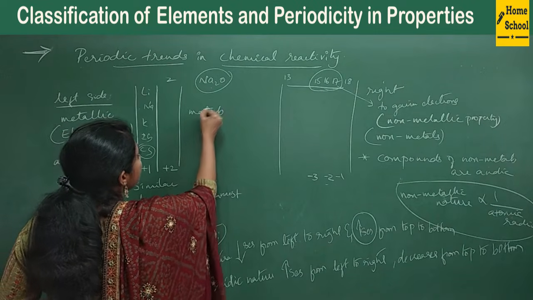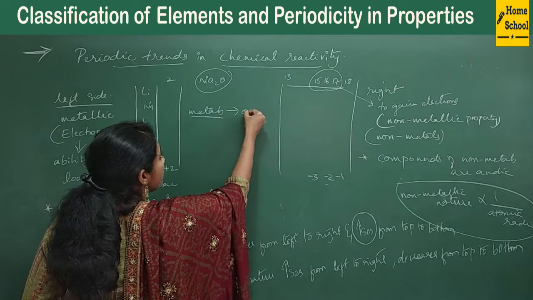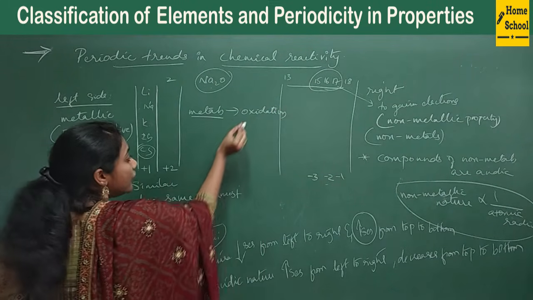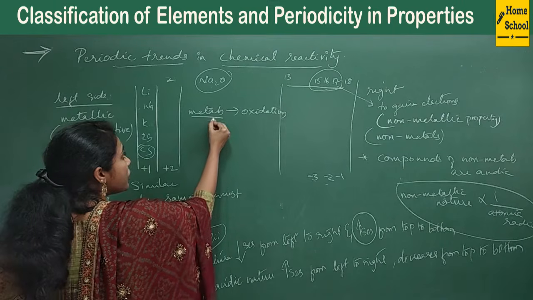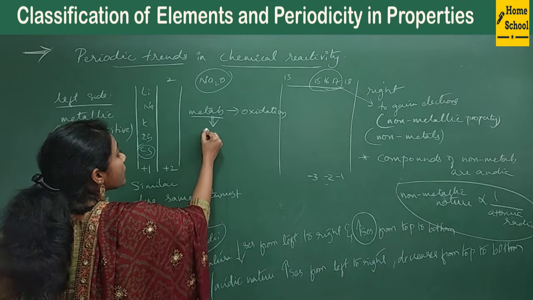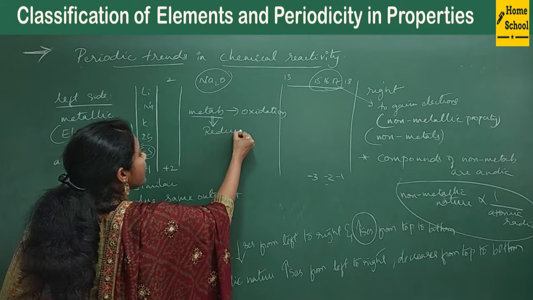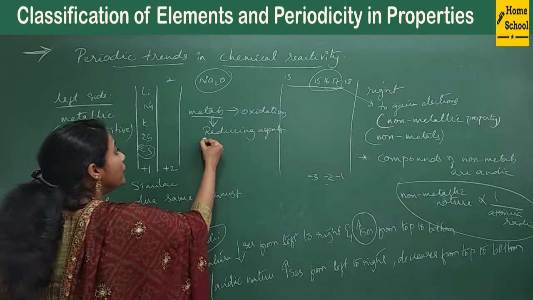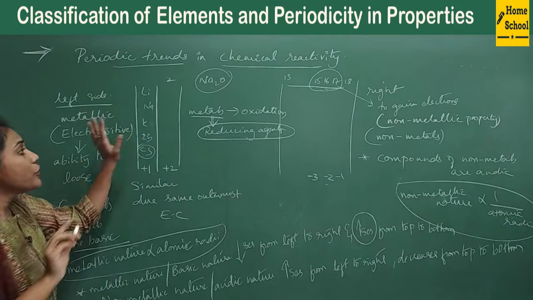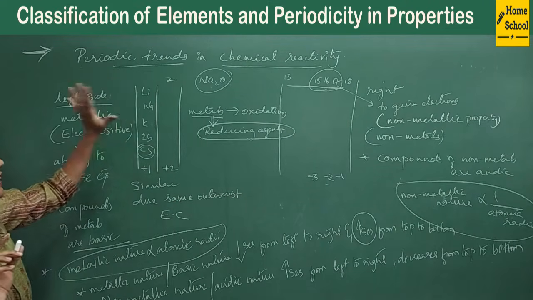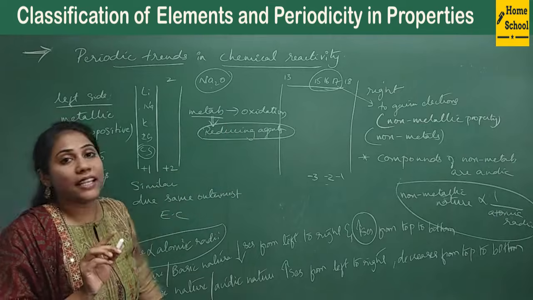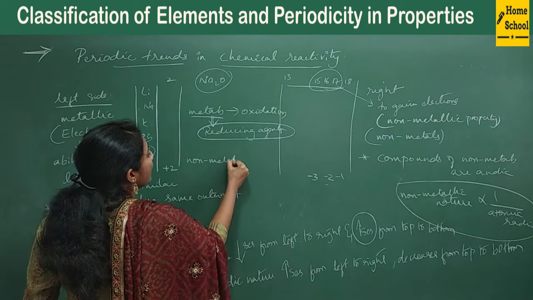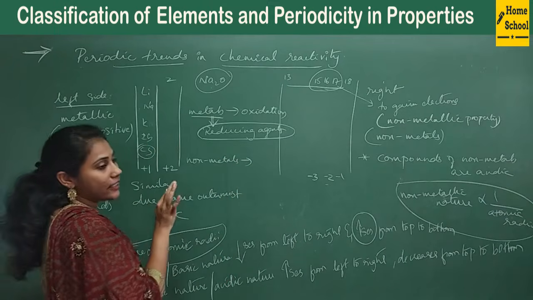And not only that, metals lose electrons. Losing electrons is called oxidation, right? So metals undergo oxidation. The one which is undergoing oxidation is called a reducing agent. So metals act as reducing agents, right? So the leftmost side elements will act as reducing agents, whereas non-metals gain electrons.